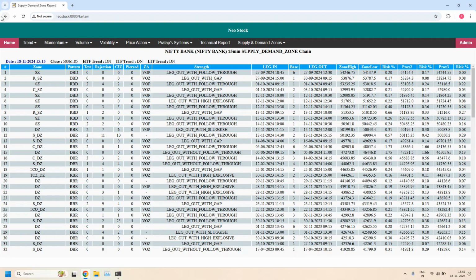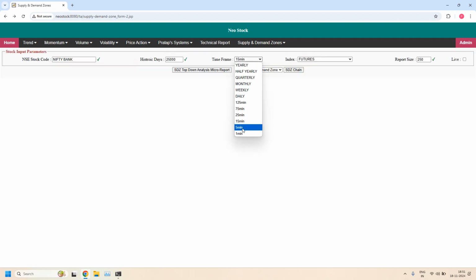The last time frame is 5 minutes, generating the 5 minute chain.